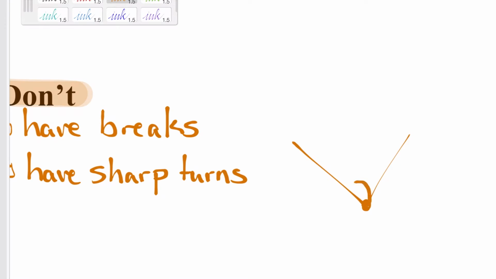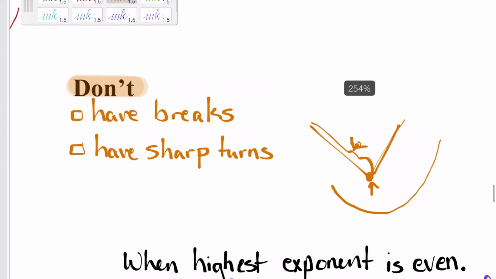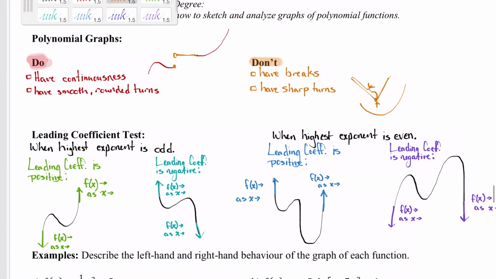Like, if this is your roller coaster, and here's all the people on it, they're raising their hands. You don't have enough time to swoop down and turn. So it has these breaks in it, or it has a little point there, and it's just not very roller coastery. So polynomials are like roller coasters. If it doesn't look like a roller coaster you'd want to be on, then probably it is not a polynomial.